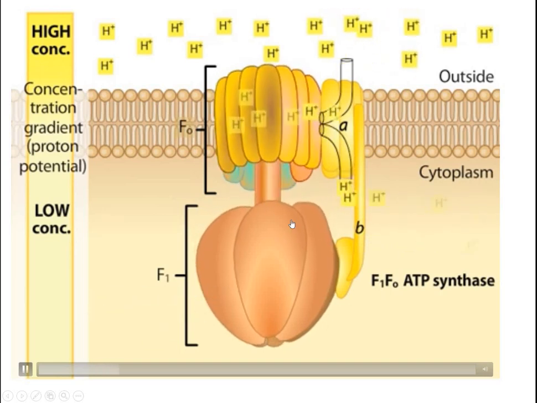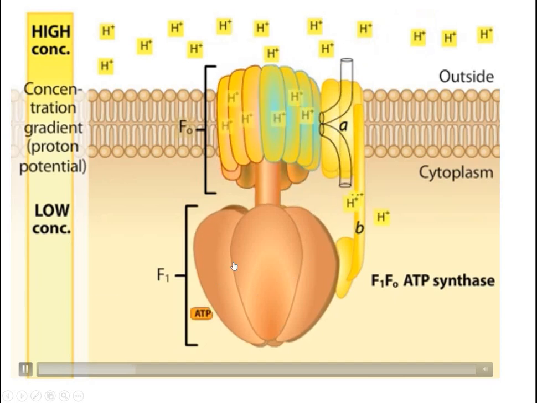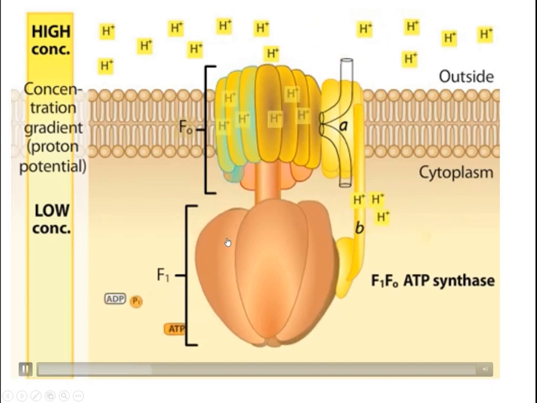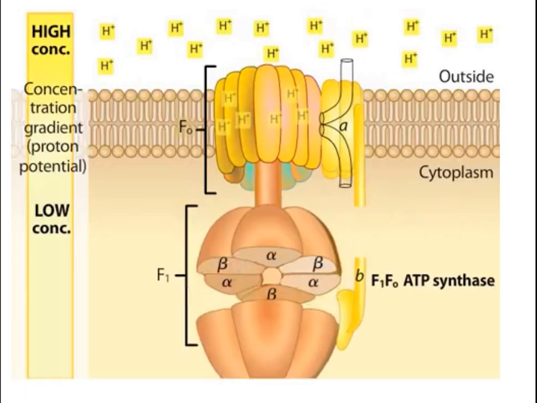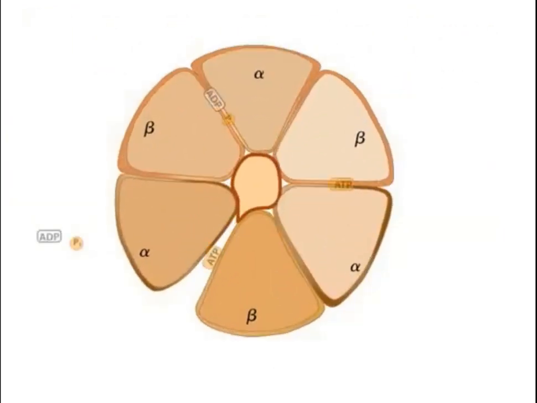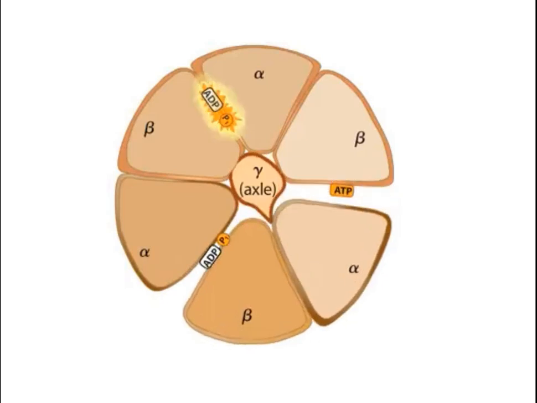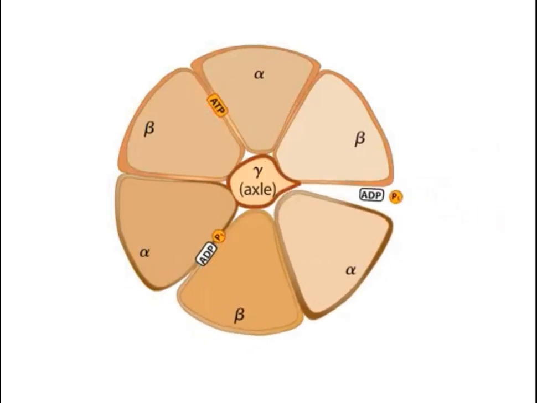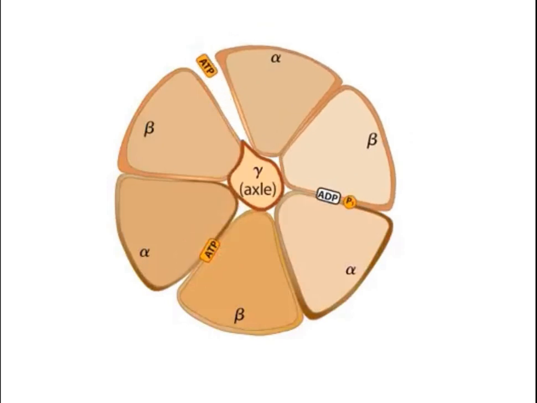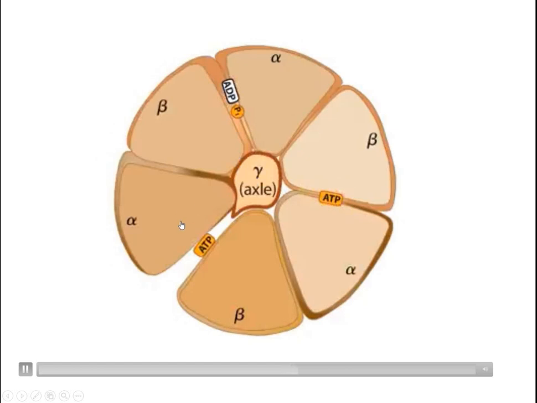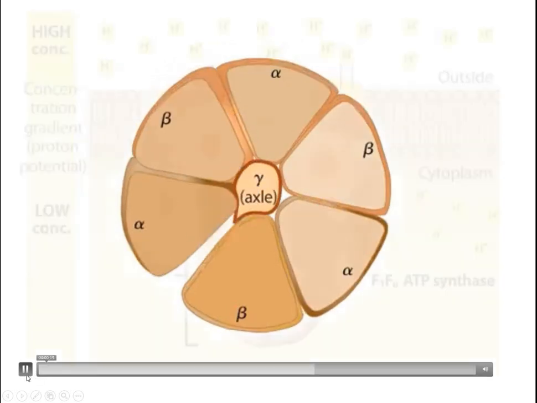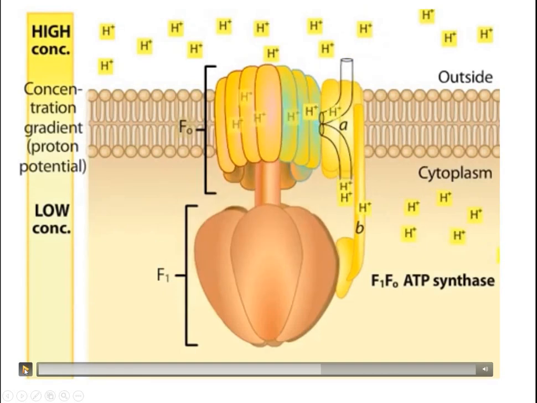As a result, F1 subunits will turn too. Alpha and beta subunits change their location in space. Alpha subunits contain basic amino acids, so they keep ADP with hydrogen bonds. When gamma subunit turns around, alpha and beta subunits become close in space.